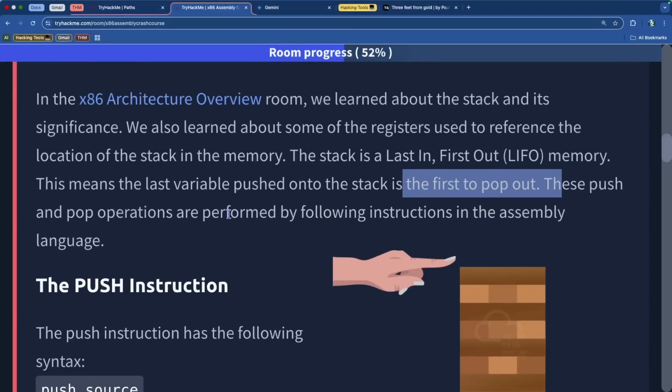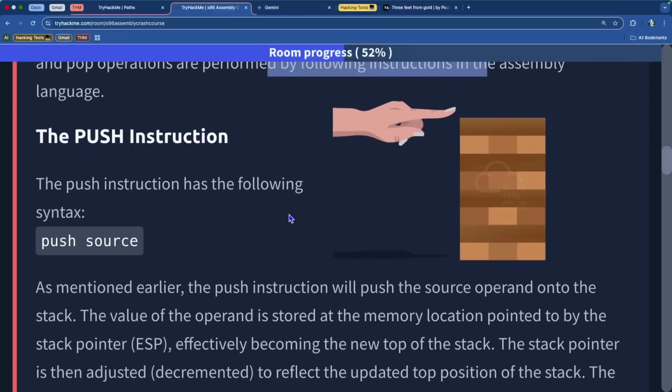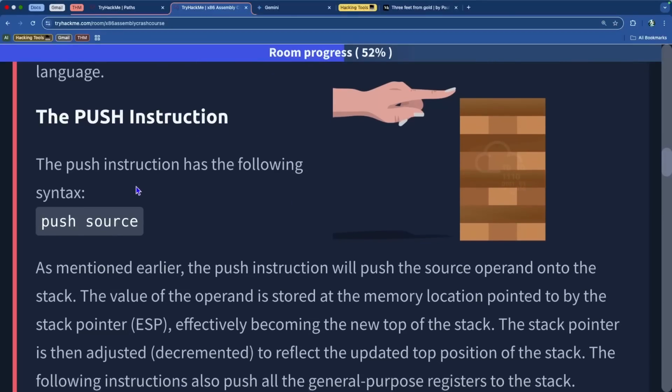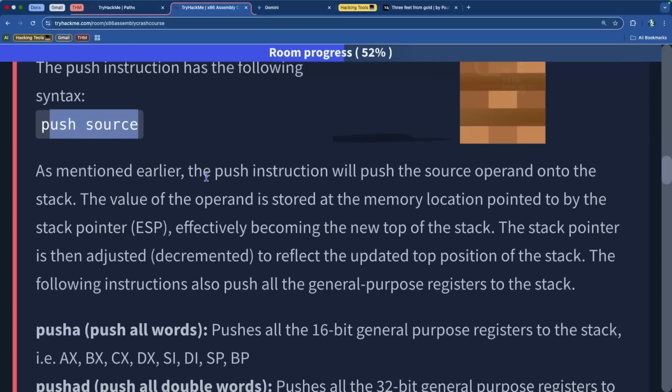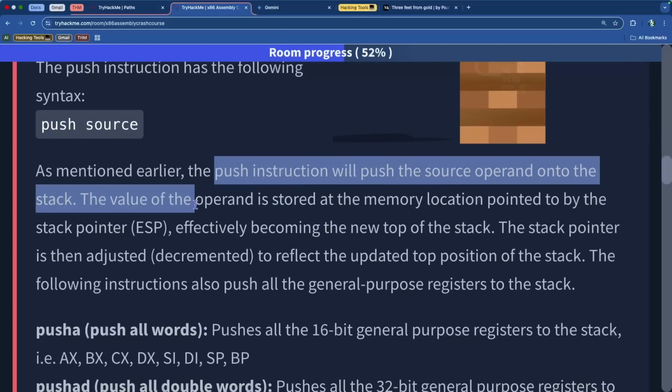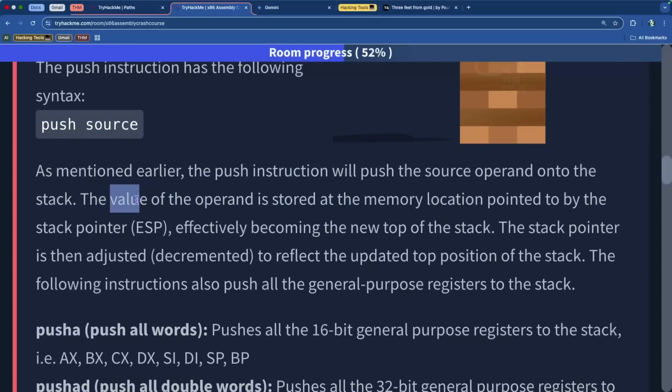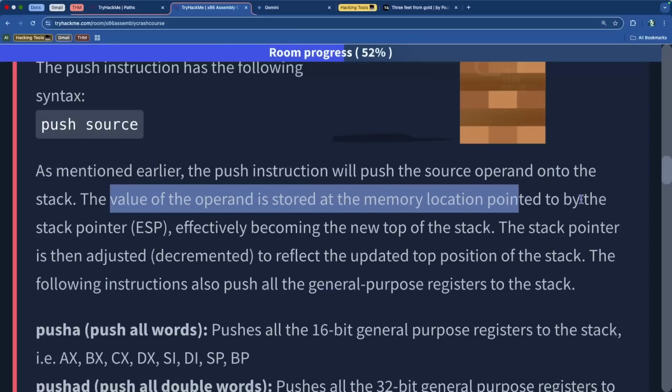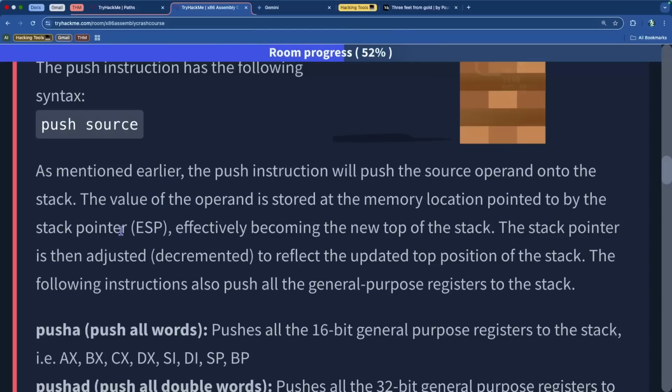And these push and pop operations are performed by following instructions in the assembly language. The push instruction is push source. So it'll push the source operand onto the stack. The value of the operand is stored at the memory location pointed to by the stack pointer, the ESP, effectively becoming the new top of the stack. So when you add something to it, that's going to end up becoming the top of the stack. The stack pointer is then adjusted, which means it's decremented to reflect the updated top position of the stack.